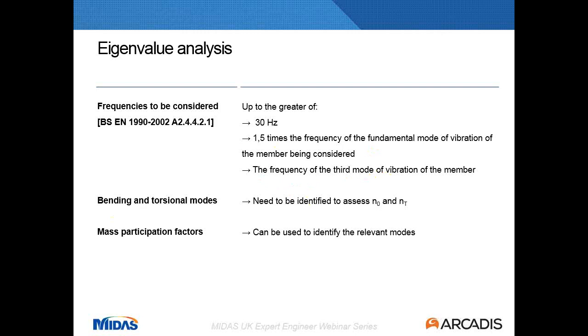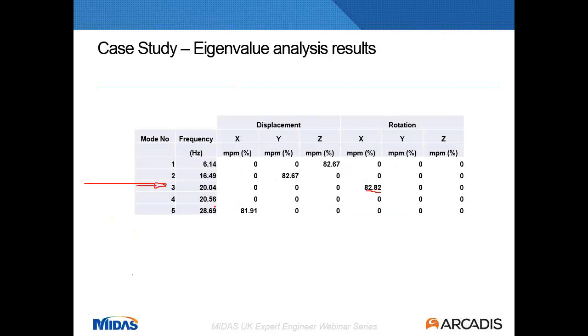In this case, we have this main member that is acting as a beam because it's a very simple structure, this concrete box. So I've run up to 30 Hertz, so I extract up to 5 different modes.